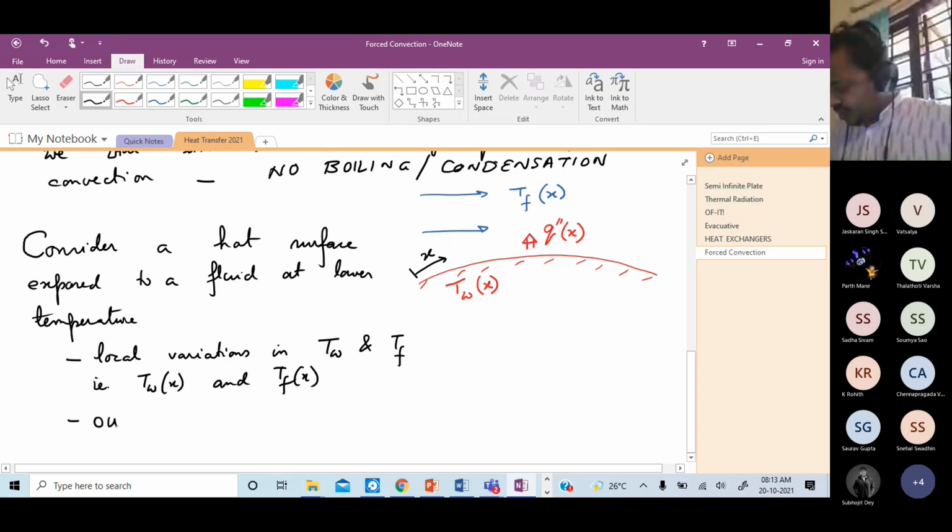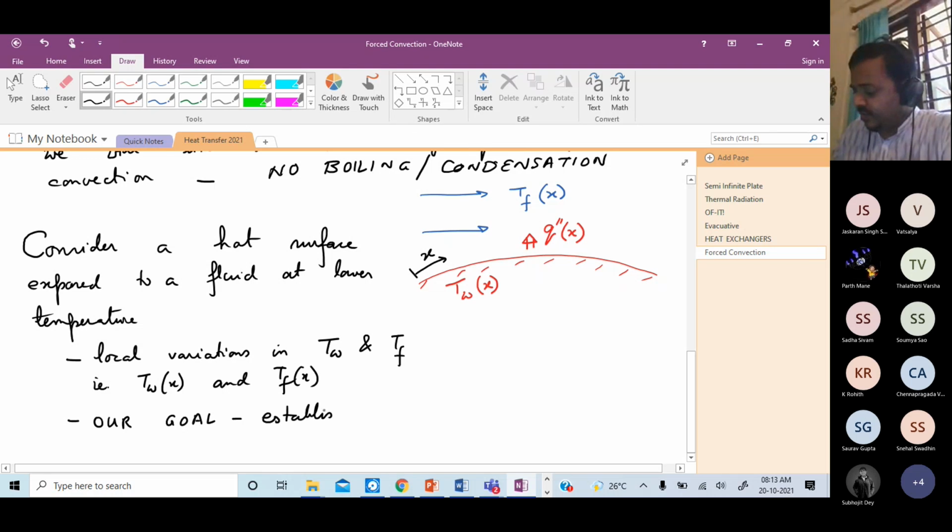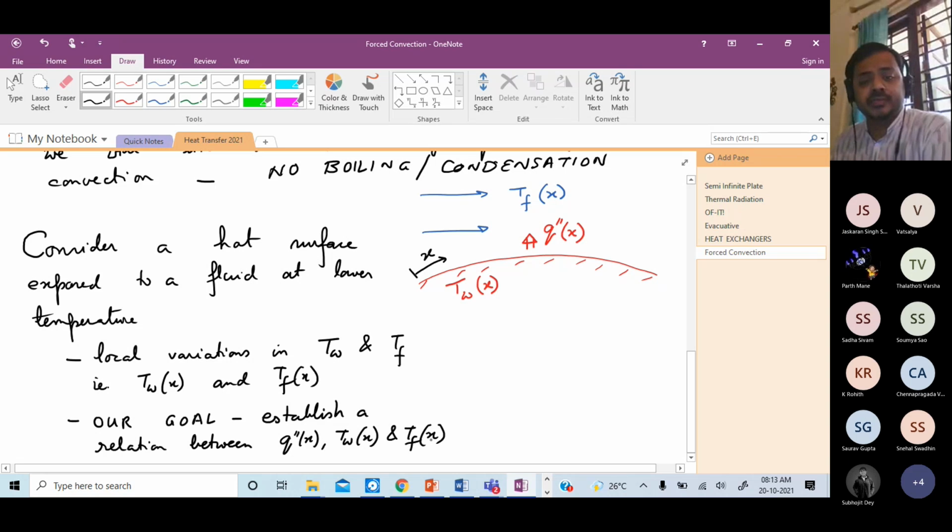So our goal, and this is our goal for forced convection. Why are we doing forced convection? We want to establish a relation between Q double prime X, Tw X, and Tf X. That's all.